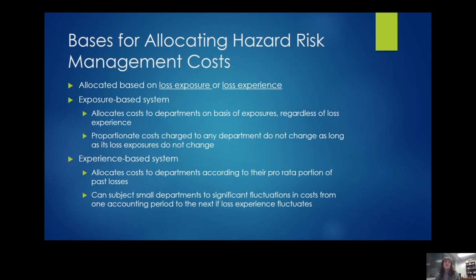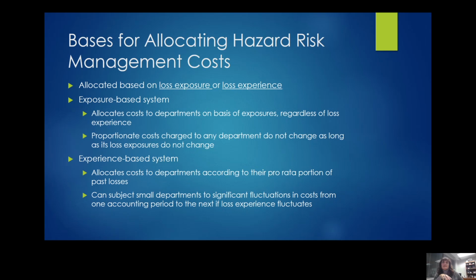That has nothing to do with whether you've had a lot of losses in the past, or you've either done a really good job or you're not. So you really have two different ways of looking at it. What's my potential exposure versus what is my actual experience and what has it been?